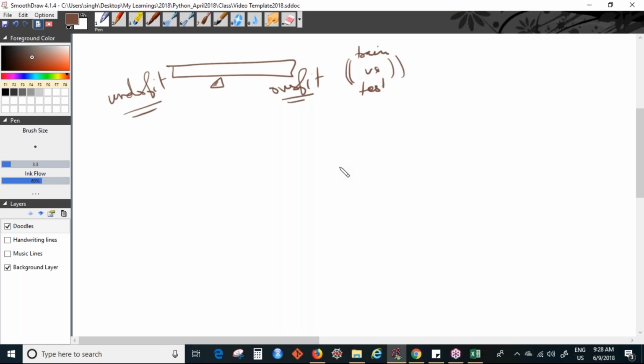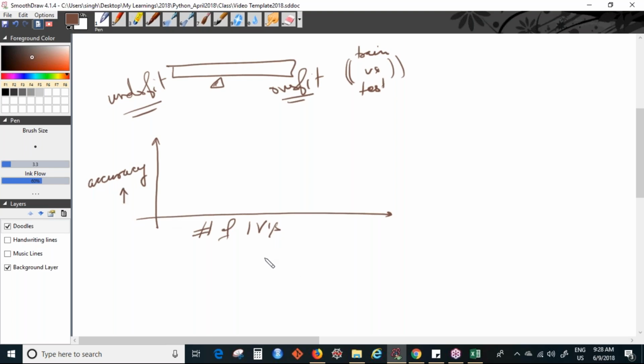Okay, and how do we have overfitting in linear or logistic regression? It has to do with the number of independent variables you use. Let's say this is accuracy and this is the number of independent variables used.